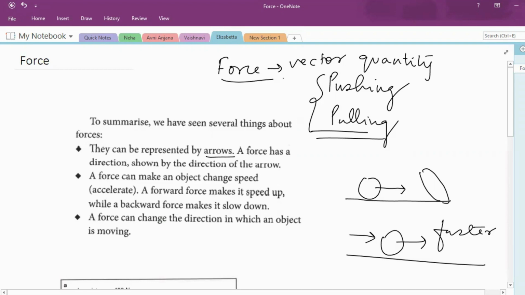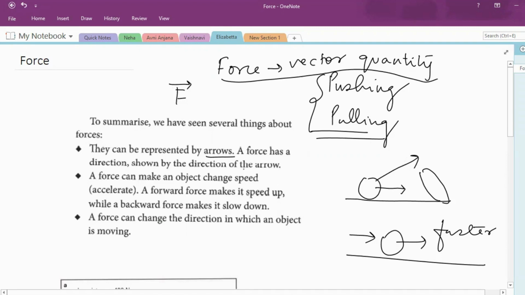Vector is the one which also has a direction. Force also has a direction, and therefore force is represented in symbols. It can be represented like this also, which means that force is a vector quantity, and that's why the arrows. The direction of the arrow is the direction of the force, in whichever direction the force is acting. Like if the force was acting like this, then the arrow would show that.